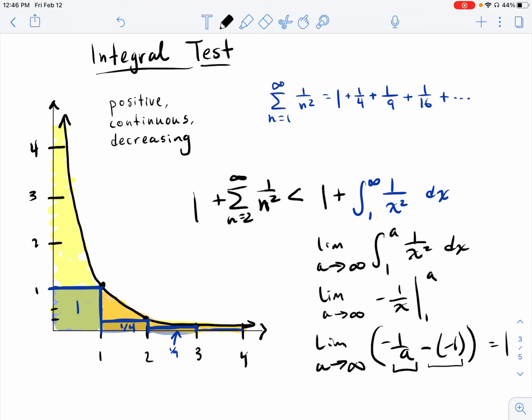So if we look at a series like 1 over n squared here, what we can effectively do is reason the following. If we can think of an equivalent function, a function that models something like 1 over n squared with the following conditions, that this function is positive, continuous, and decreasing, and if you look at 1 over x squared or 1 over n squared, we see that all three of those conditions are met.